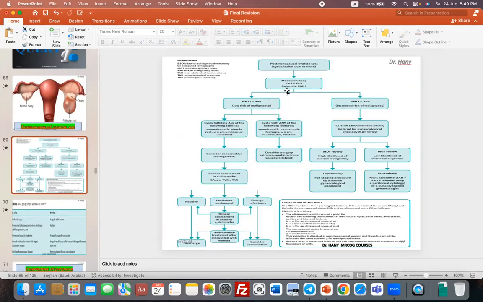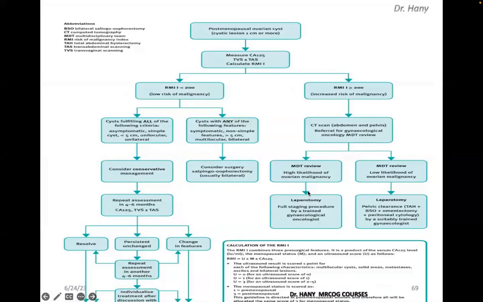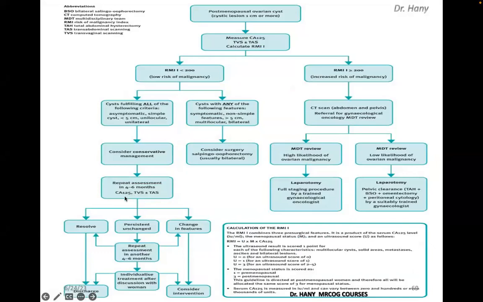The RMI. Dr. Hani, here in the ovarian cyst follow-up, we need three. According to if you are doing it at 4 months, if he said for you it is already 1 year, so it is not 3. It is twice.